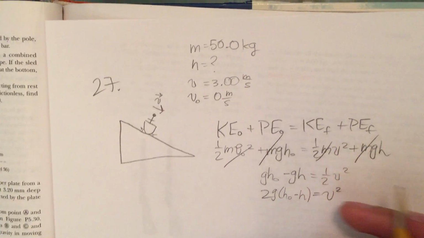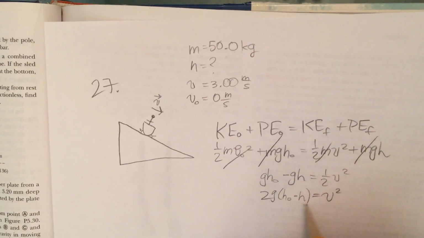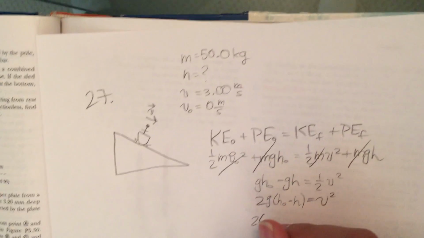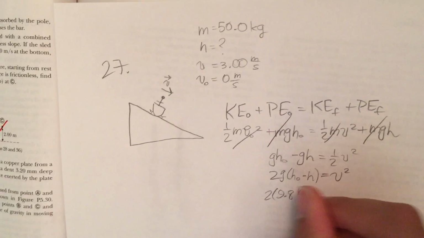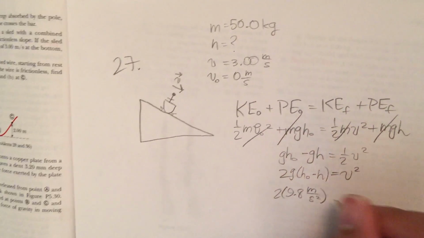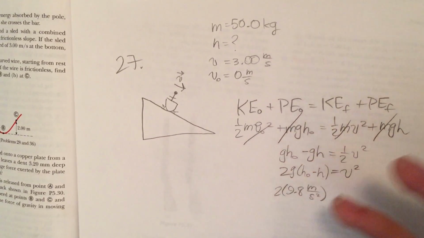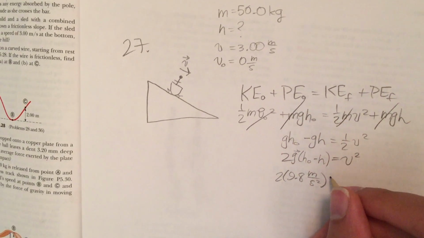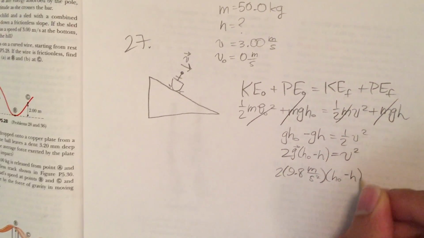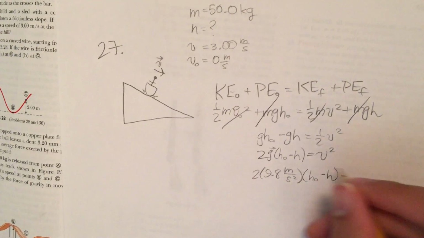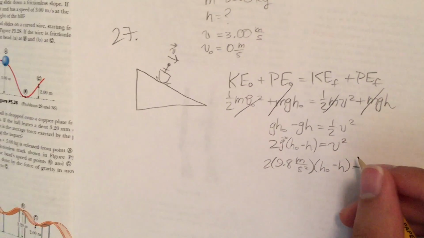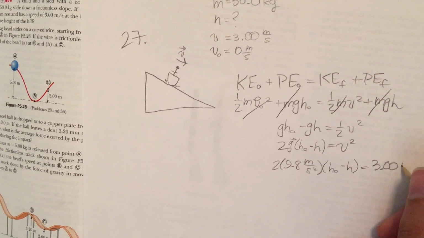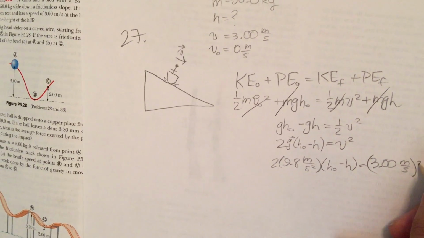And now I think we should be able to find the height. So 2 times 9.8 meters per second squared, because that is the gravity constant, and h0 minus h is unbeknownst to us, and v squared is 3.00 meters per second, squared.